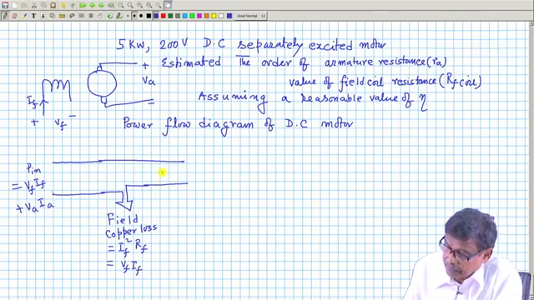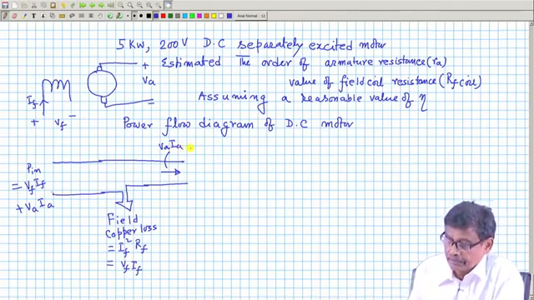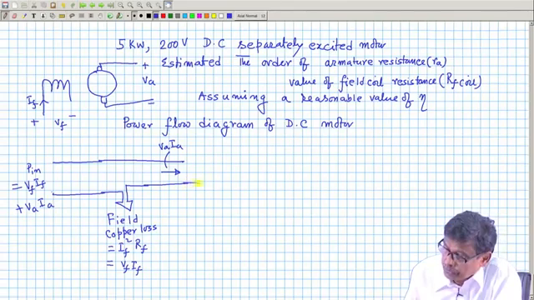So here the power will be V A into I A, the remaining power, the power input to the armature.